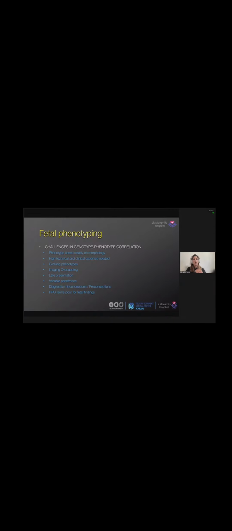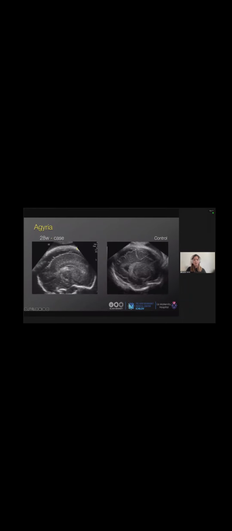Also, we need to remember that the phenotypes may be very non-specific. So whenever we have an agyric fetus, here we have the abnormals, and here we have the normals for comparison. This is a publication from Edwin Corello from France. And it would be easier for us, maybe not at 20 weeks, but later on, to know that something very, very bad is happening here.